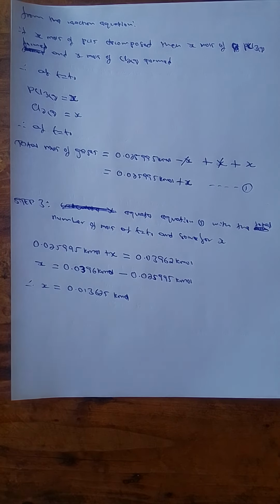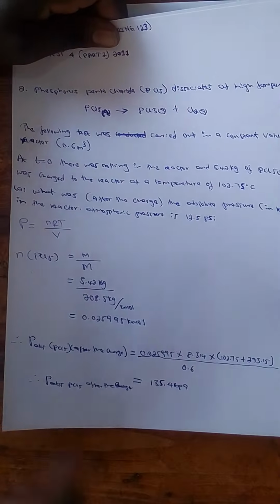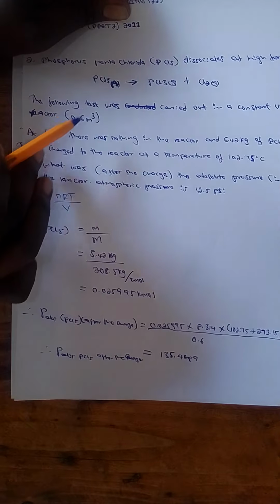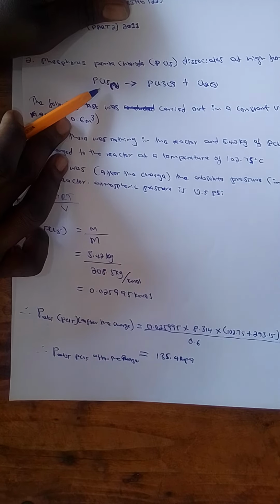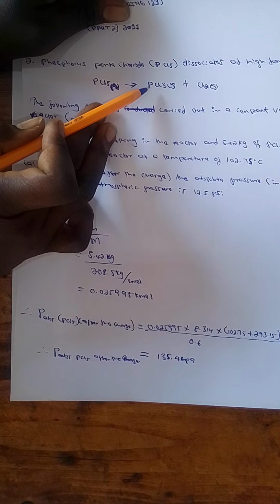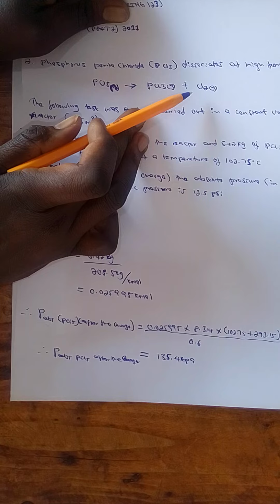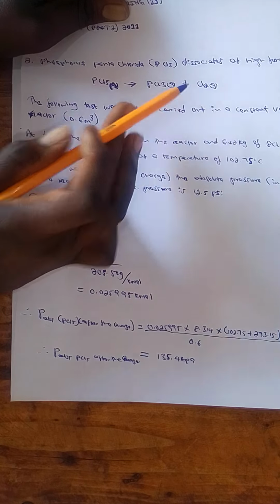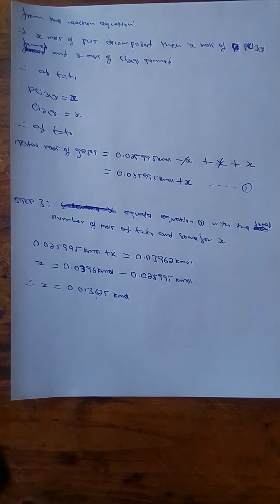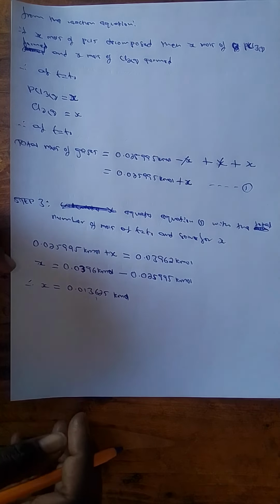So we now solved for X, and like we said initially, this X is the amount of PCl5 that decomposed, and equally it's also the amount of PCl3 gas that formed, and the amount of moles of Cl2 gas that formed. So this concludes our step 3, and takes us to step 4.